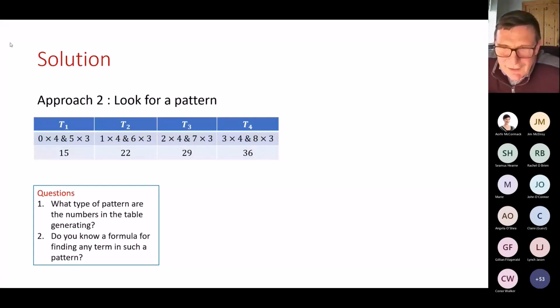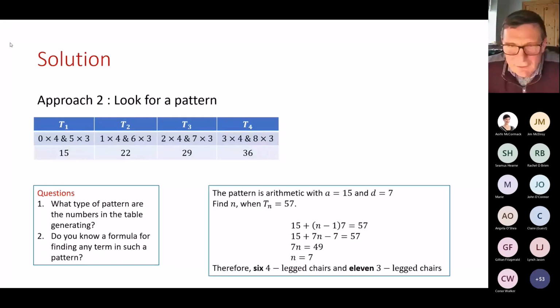Okay, so here's our solution then. This is an arithmetic or a linear pattern with a equals 15 and d equals 7. And we want to find n when term n is 57. So we just simply substitute into the formula and we solve for n, and we end up with n equals 7. So term 7 is where 57 is going to appear. So there's still a little bit of work to be done here. In term 7, how many four-legged stools are we going to have?